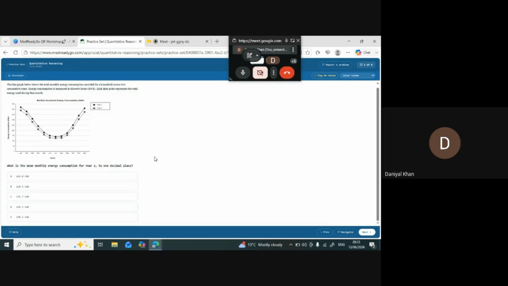Once again, what is the mean monthly energy consumption for year 2 to 1 decimal place? So you just add up all these values and you divide by 12. So 390 plus 350 plus 275 plus 210 plus 160 plus 140, I believe, plus 140 plus 140 plus 150 plus 225.